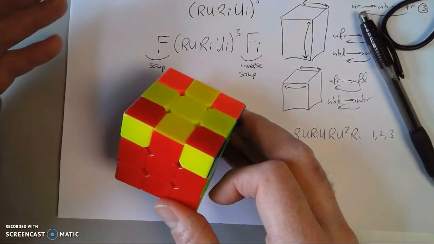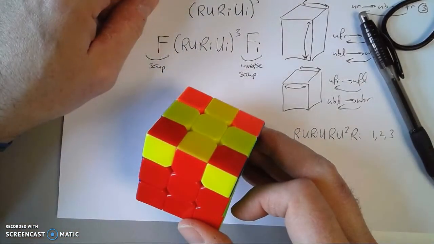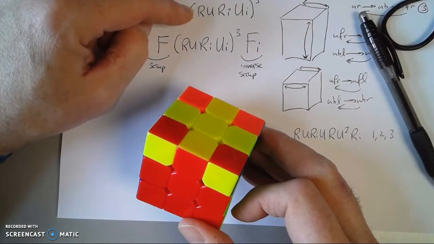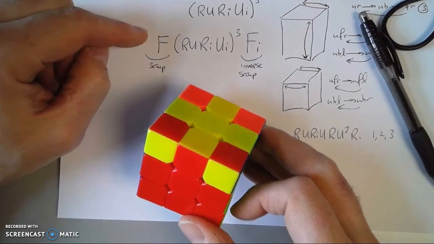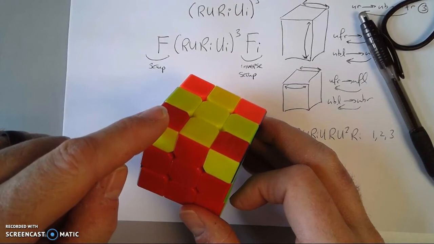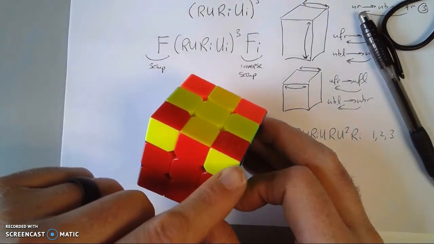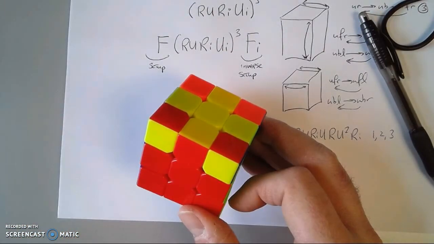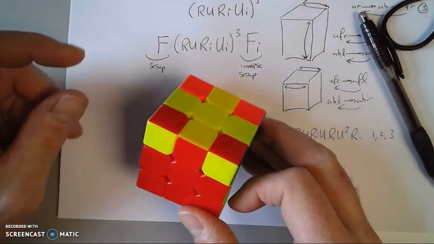It's a side note, but I want to point out that this process, which might seem clunky, of finding a commutator, doing some repetition, restricting its effect by a conjugate, can be of use. It turns out that we're not interested in swapping the pieces with this conjugate of a repeated commutator, but rather the fact that as they move, they twist in a predictable way, so that these 4 pieces will be yellow on top.